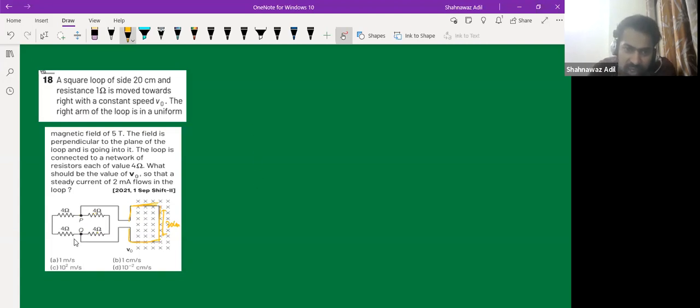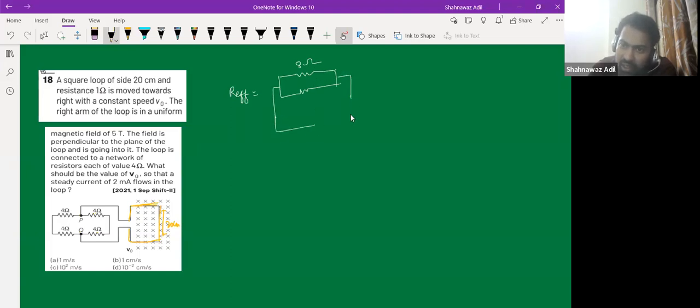If we make the diagram of this part, the effective resistance is how much? This is in series and this is in series, so 8 ohm and 8 ohm. So this is the effective resistance, right?